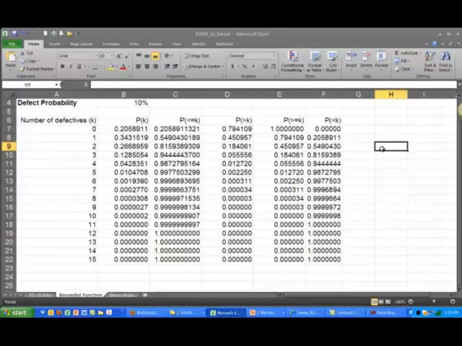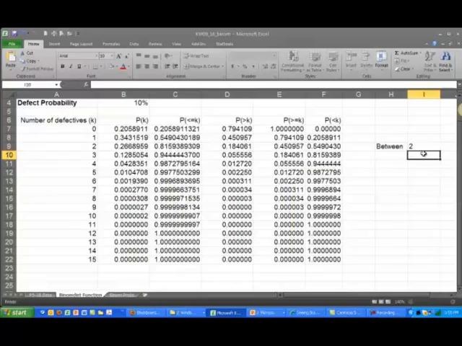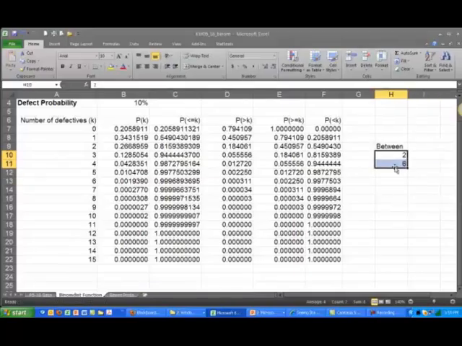Supposing I ask, what's the probability of being between 2 and 6, having between 2 and 6 defects out of a batch of size 15?